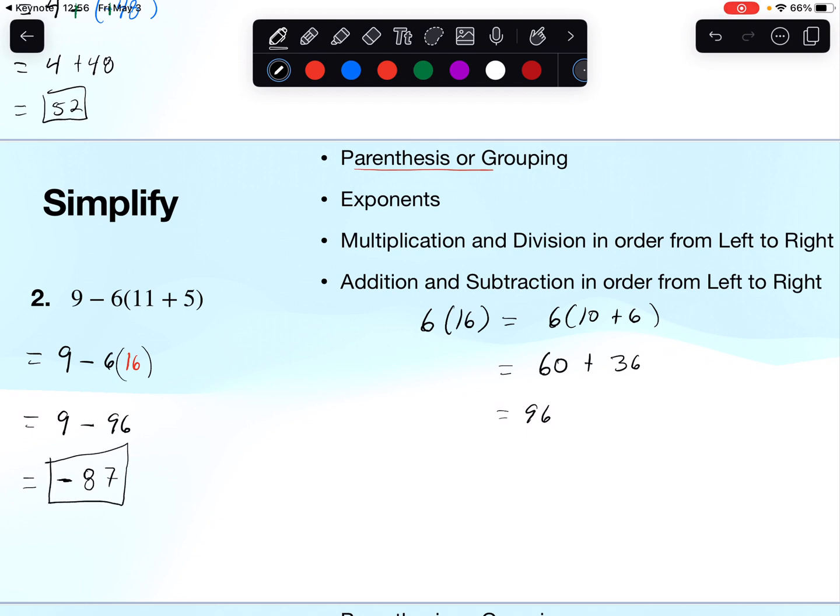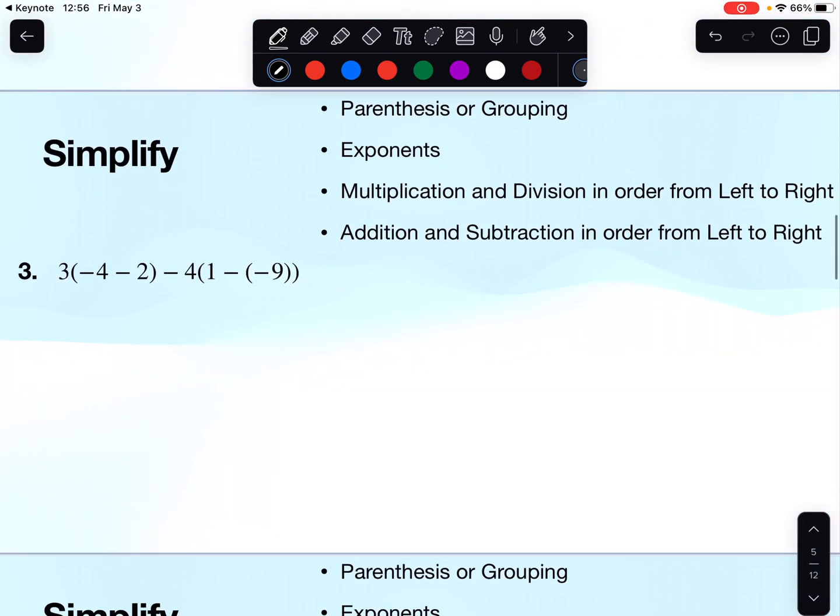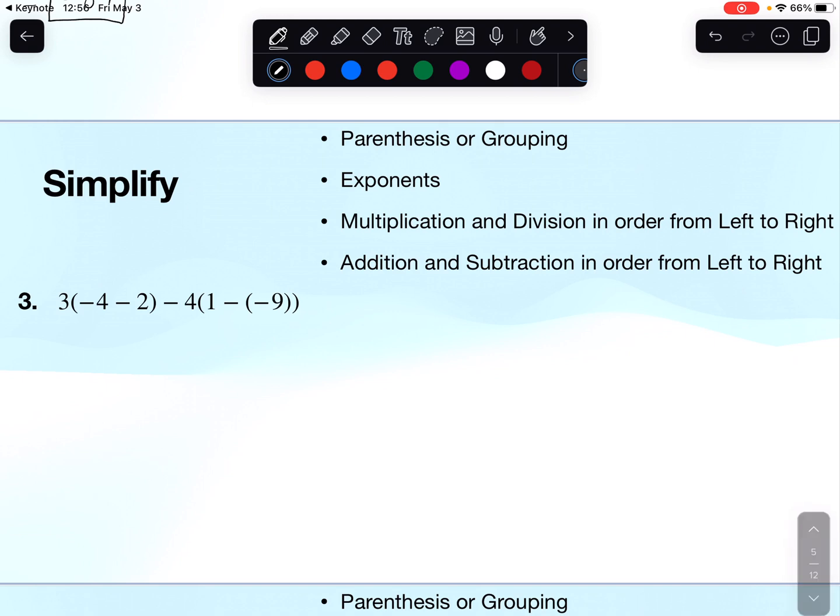Okay. Well, let's look at another one, a little bit more complicated. Here we have 3 times the quantity -4 minus 2, and then -4 times the quantity 1 minus -9. So here we're going to do the parentheses or the grouping first.